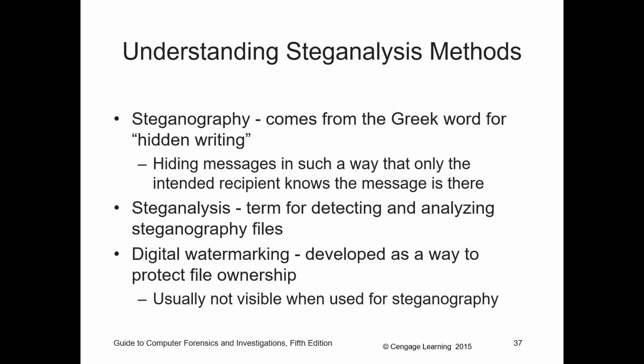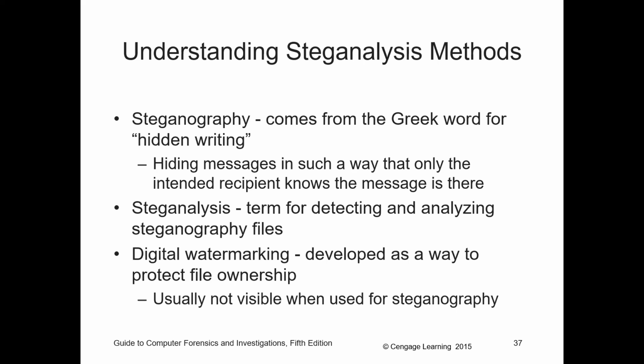Understanding steganalysis tools. Steganalysis, as we've seen, relates to the word steganography. Steganography comes from the Greek word that means hidden writing. So steganography is the hiding of messages in such a way that only the intended recipients know the message inside. What does steganography help us to do?